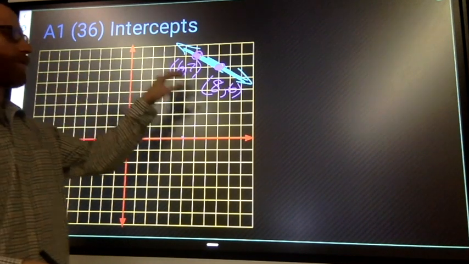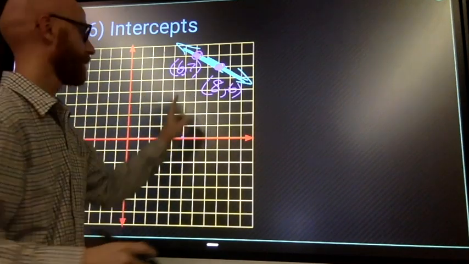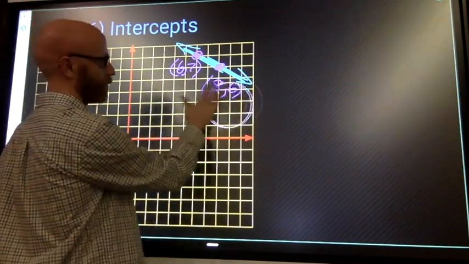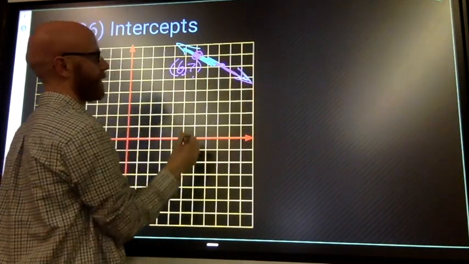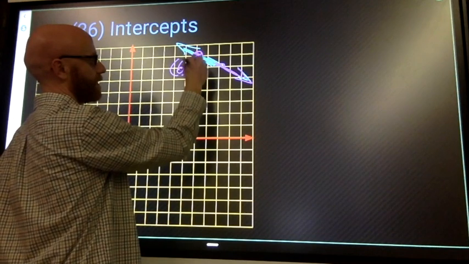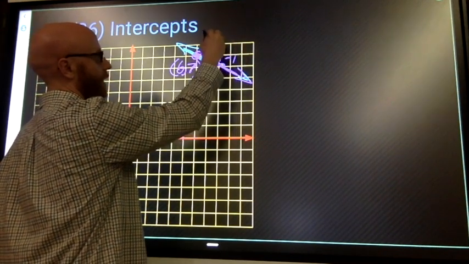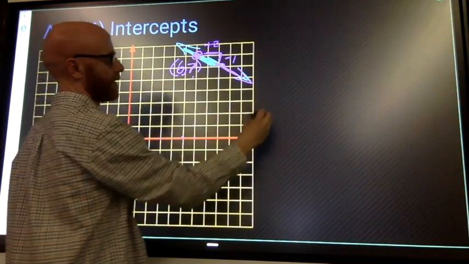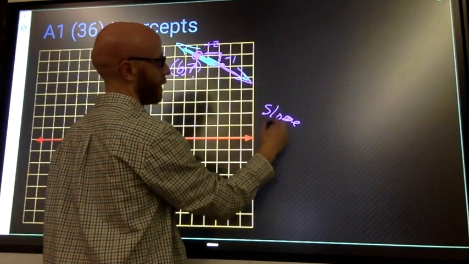I should be able to write an equation given 2 points. Or, I don't even need the next point yet. I should be able to write an equation if I know 1 point, 6, 7, and I know the slope. So the slope is down 1, forward 2, slope -1/2.